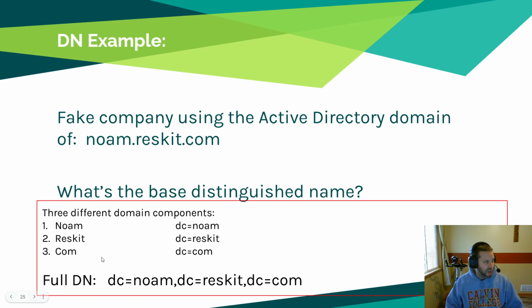First, the noam, and that'll be referred to as DC equals noam. Second, the reskit, DC equals reskit, and com, DC equals com. I string them all together with commas, and my full distinguished name for the root of my Active Directory domain is now DC equals noam, comma, DC equals reskit, comma, DC equals com.